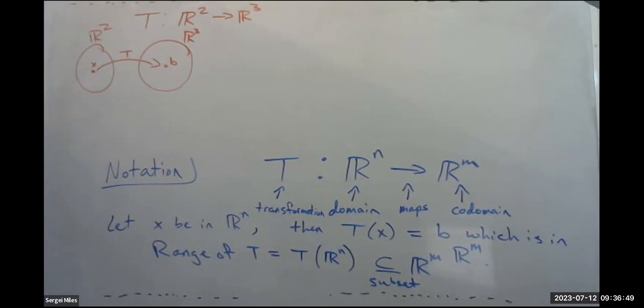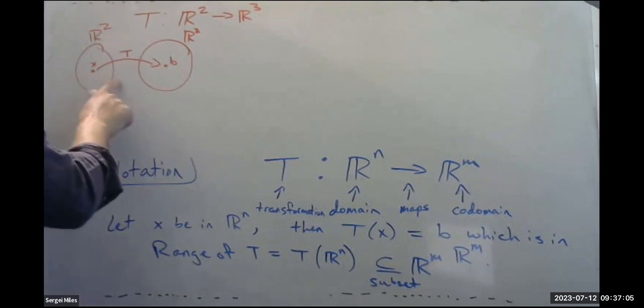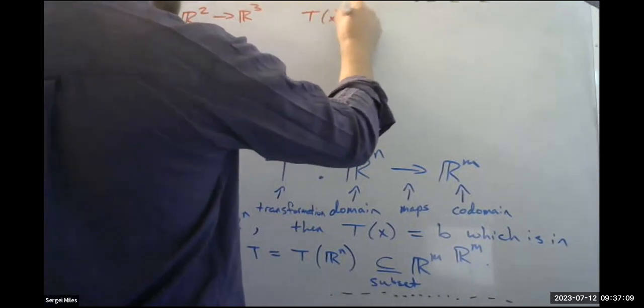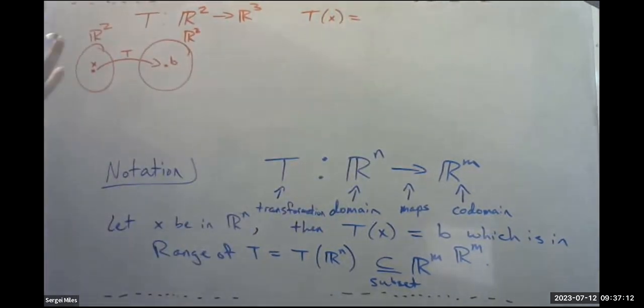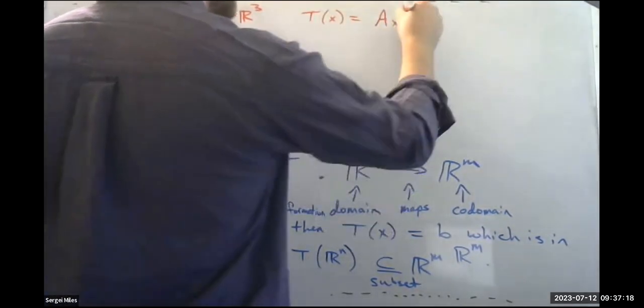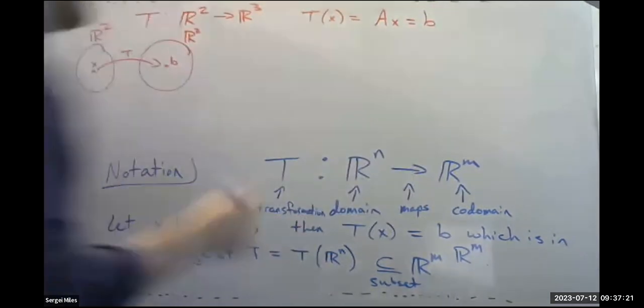Now, one thing we can do here is that this is enough information to tell us the dimensions of the matrix A. We know what sizes matrix A has to take on. Why? Well, remember, T of x, I'm transforming x by the matrix A. In other words, T of x equals A times x, which will equal the vector b.